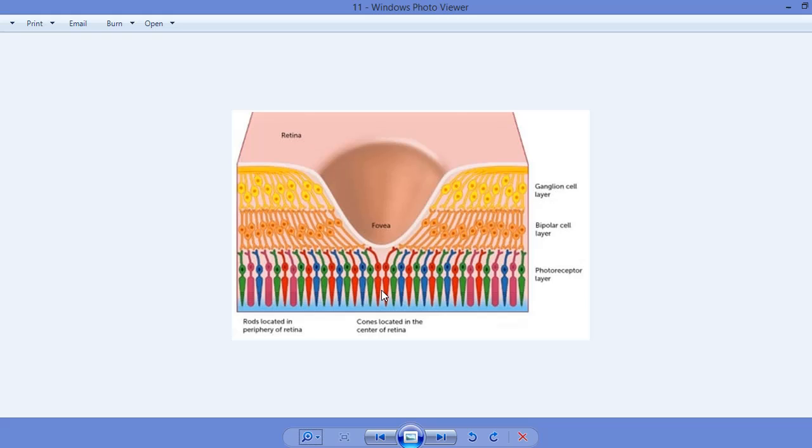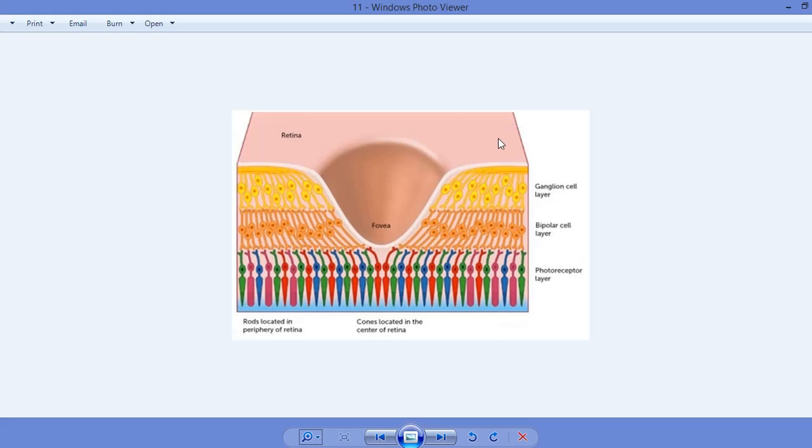And I have told you that two types of cones are there in the fovea, the red and green. So the red and green cones are exposed to the image directly in the fovea. That's why the vision of the fovea is very sharp and very acute. You can see very precisely with the help of your fovea centralis, because the reflection of the image directly falls on the cones.